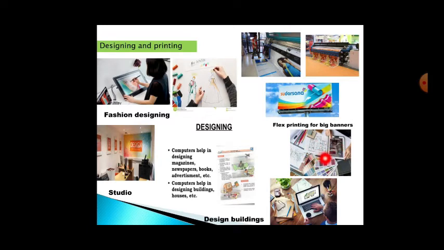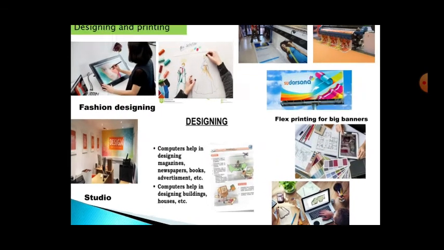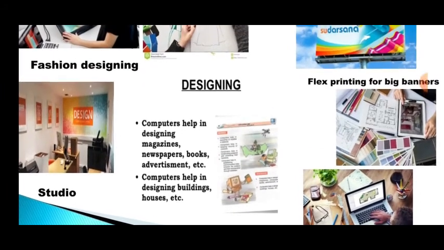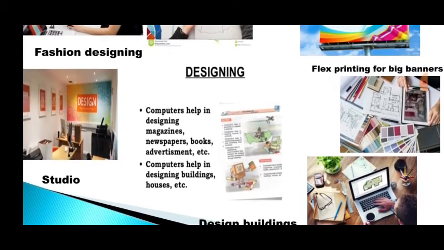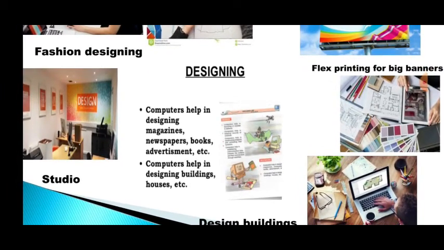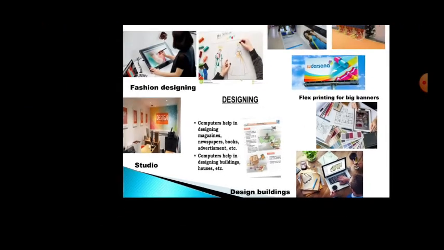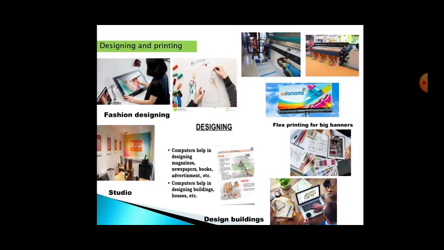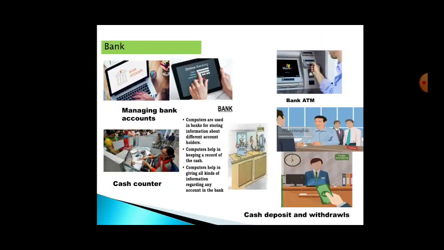All the applications will be there inside. You just need to feed the data, and you'll get the design immediately. Computer helps in designing magazines, newspapers, books, advertisements, etc. Computer helps in designing buildings, houses, etc. So these are some of the uses of computer in design and printing.